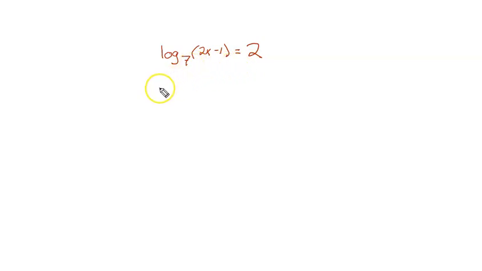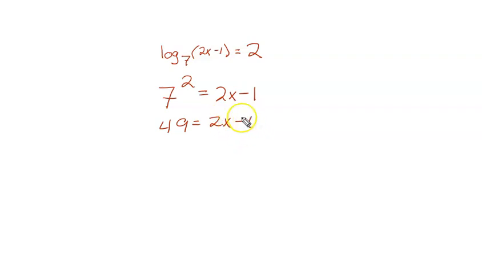So our base is 7. Our exponent is 2. And our answer is 2x minus 1. So pretty straightforward. This is 49 equals 2x minus 1.